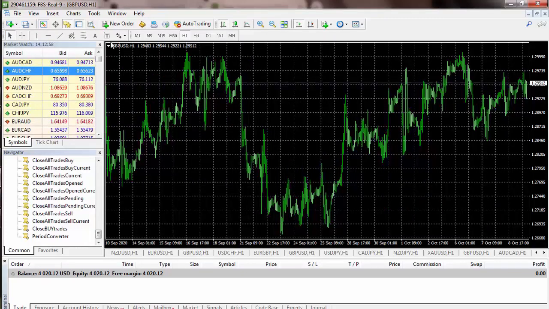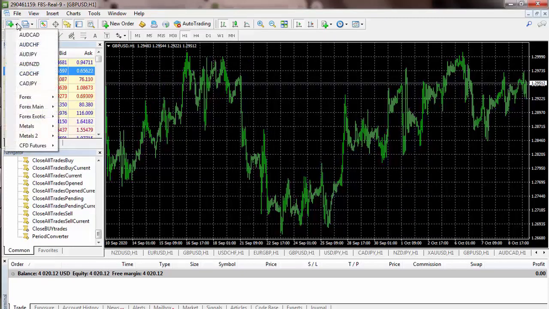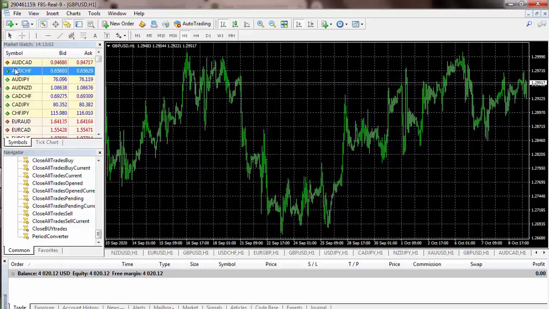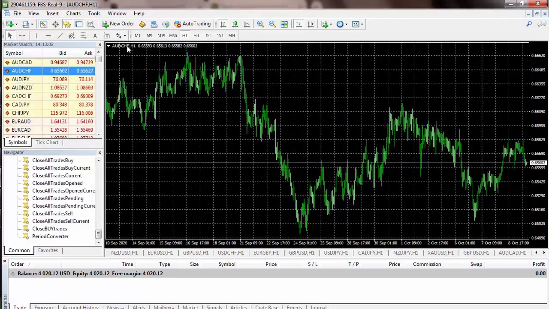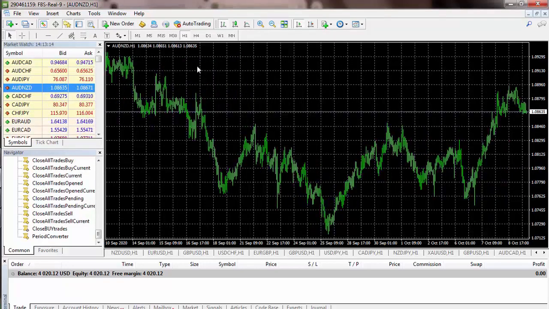So if you want to load a chart, you can come down here and click on the one you want, or you can come down here and right click and click on this. It will still come up here. You see that change, or you can even drag. Just click on this and drag like this. You see that it can change.